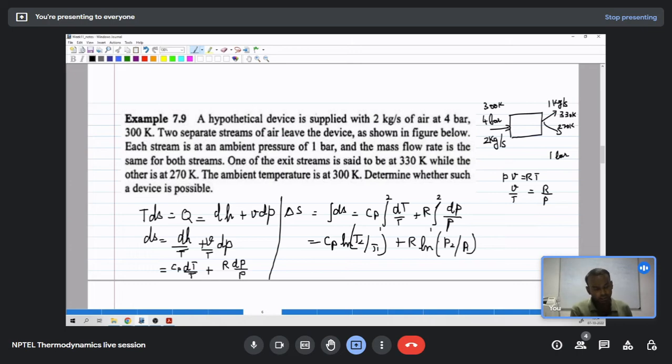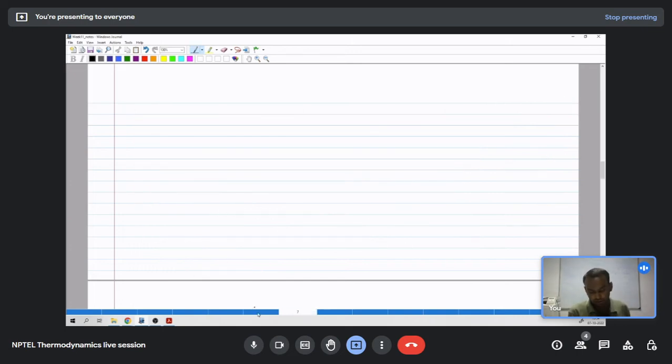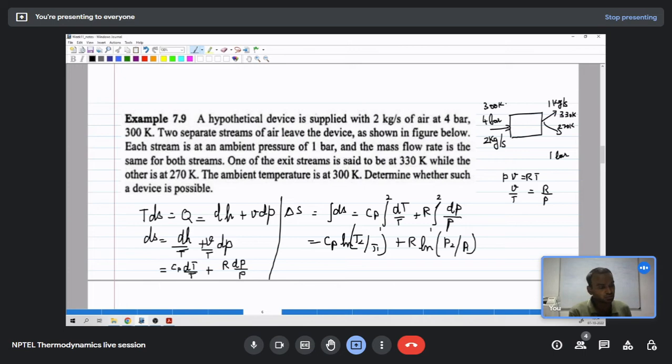This way I can calculate the change in entropy for both the streams. So I write this as stream 1, this is 2 and this is 3.